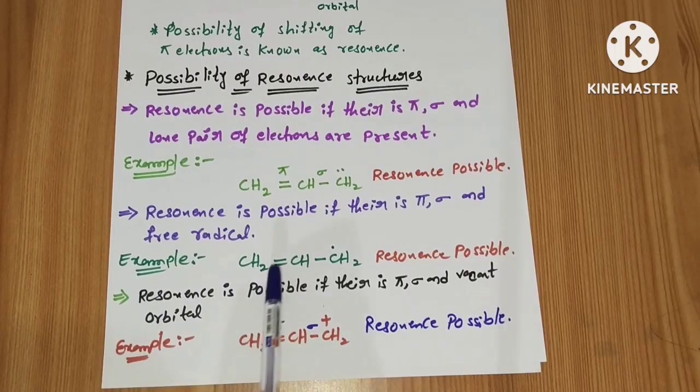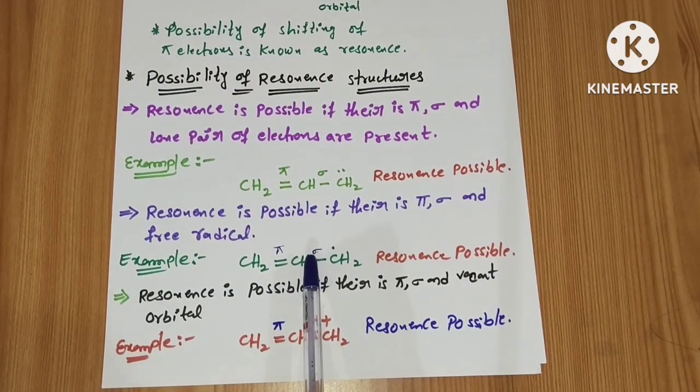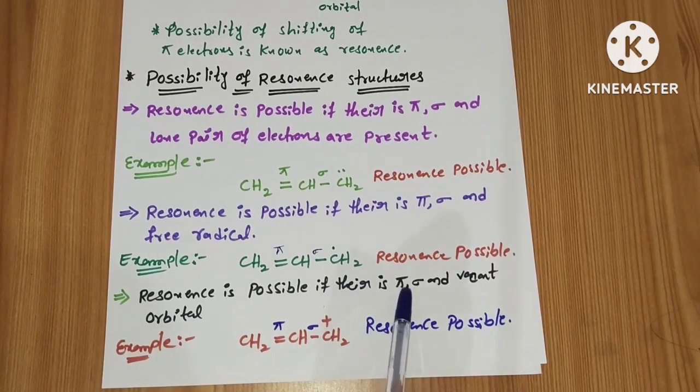For example, this is a pi bond, this is a sigma bond and this is a free radical. Thirdly, resonance is possible if there is pi, sigma and a vacant orbital. For example, consider this molecule. Here, this is a pi bond, this is a sigma bond and this positive sign means a vacant orbital.